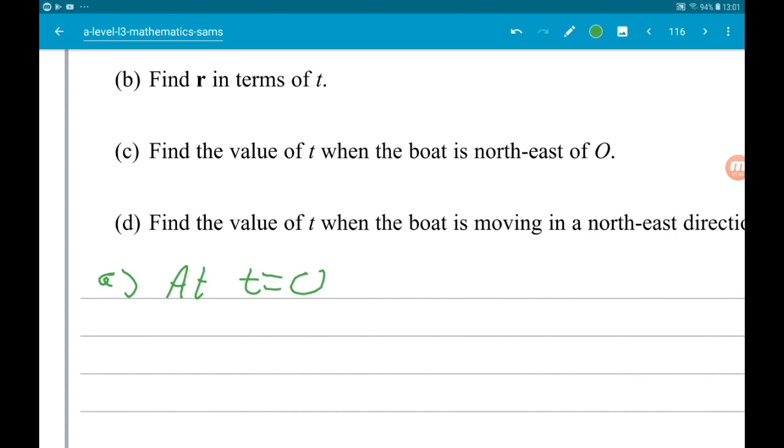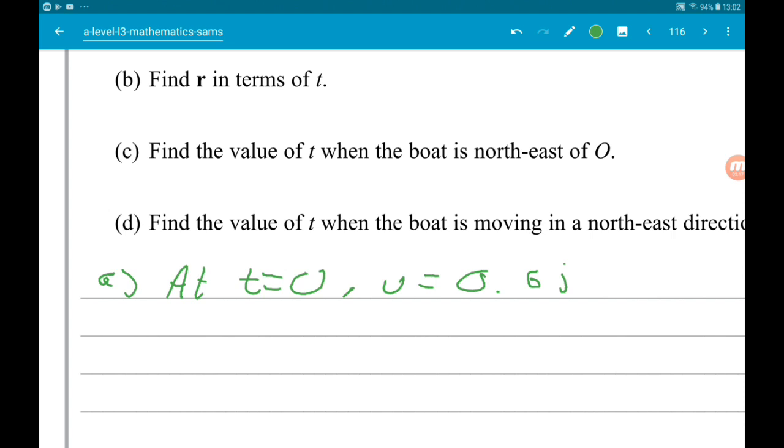So at t equals 0, we're going to take this as our initial velocity u. So that's 0.6 j.